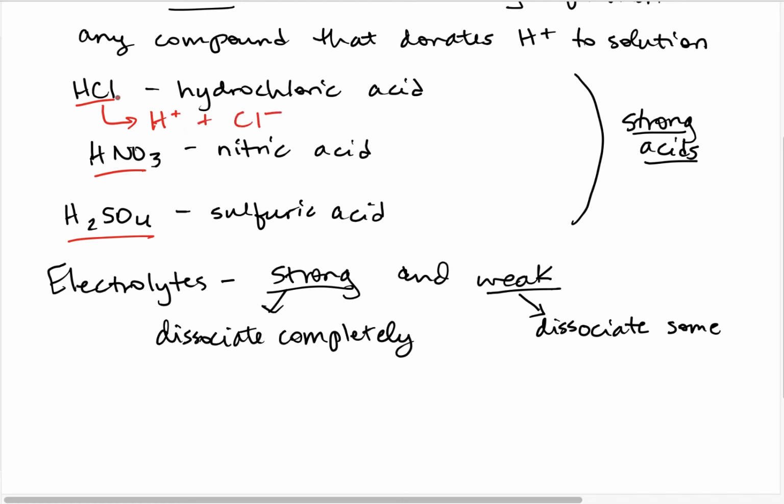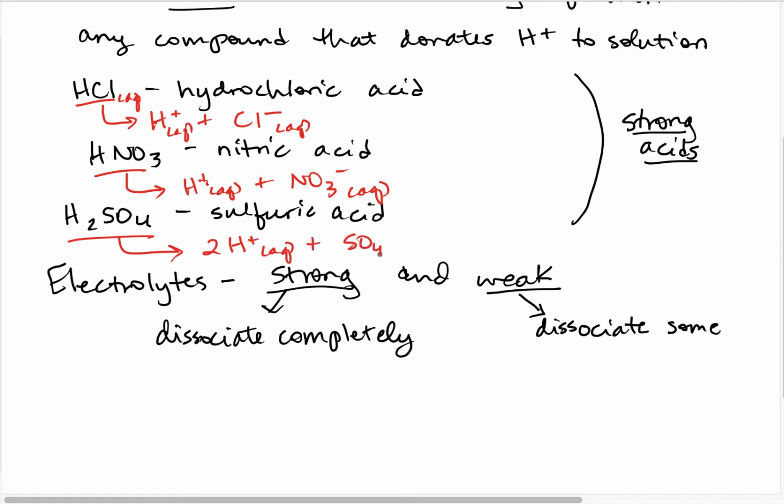So we would write that HCl aqueous is really H plus and Cl minus, and HNO3 would really be H plus aqueous and NO3 minus aqueous. And H2SO4 would be two H plus and SO4 2 minus.